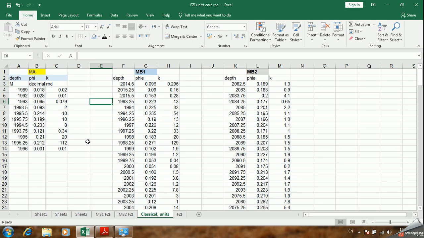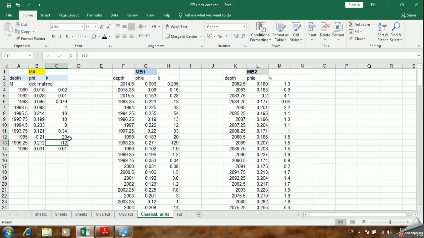So in this way, for a definite layer or unit, let's say for a unit MA, I'm going to find an equation in the classical method that links the porosity and the permeability from different wells. For example, I have 4 cored wells, so I have to separate the unit for those different wells, and for the unit MA, let's say, separate the values of the permeability and the porosity for that unit, and then make a plot between the permeability and the porosity and find the equation.